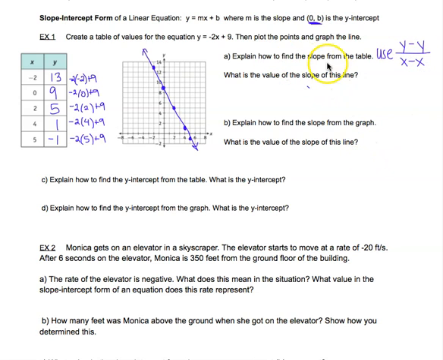That is how we find the slope from the table. So the first thing that I want you to do is go ahead and calculate using any two of these points. Doesn't matter which ones, but find the value of the slope.